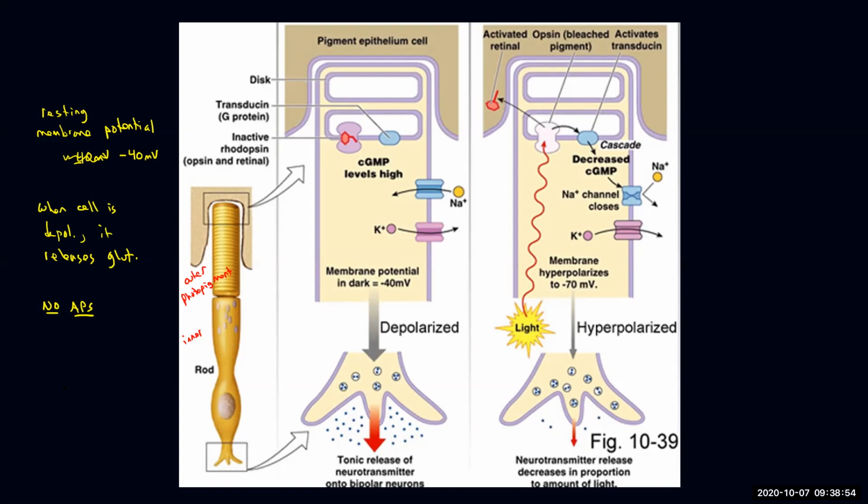Okay? The amount of glutamate released is proportional to the membrane potential. So more negative, hyperpolarized, means less glutamate; depolarized equals more glutamate being released. Okay. Now, here's kind of the crazy thing.